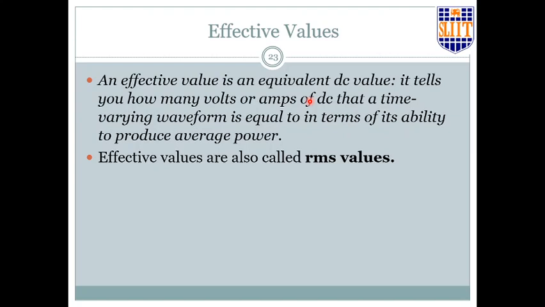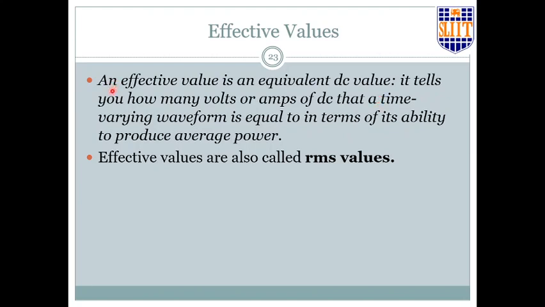Now let's say you connect the AC source to a resistor, and another DC source is connected to the same resistance. If the same power is generated, what we want to find is the DC voltage or the DC current at which the resistor generates the same power.